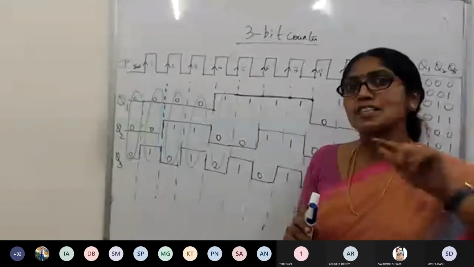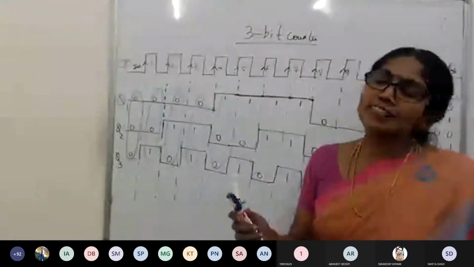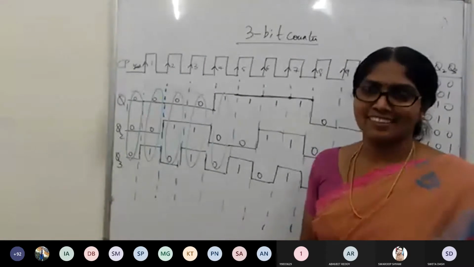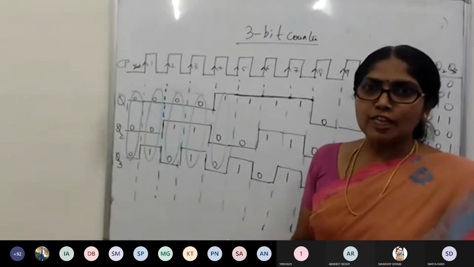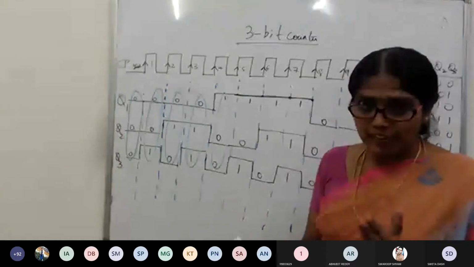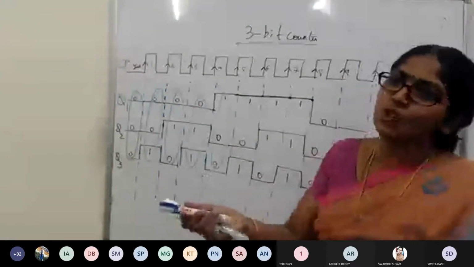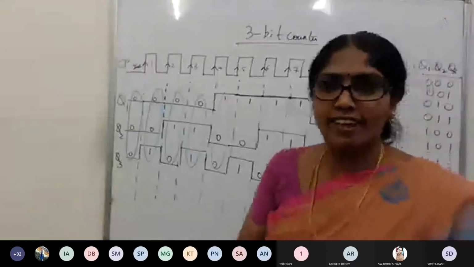With respect to the clock pulse, it is shifted. If I take them as 3 different waveforms, they look different. But with respect to the clock pulse, if I see them together, then it seems to be the same but shifted. Because we have done this, we can compare it.